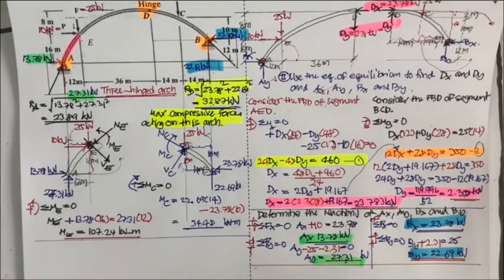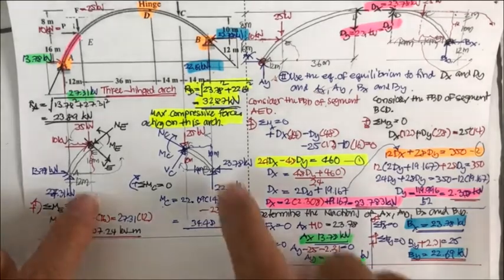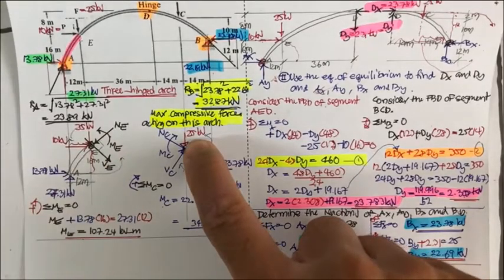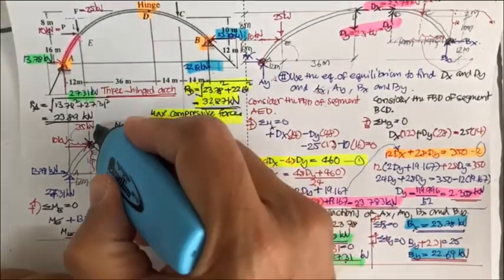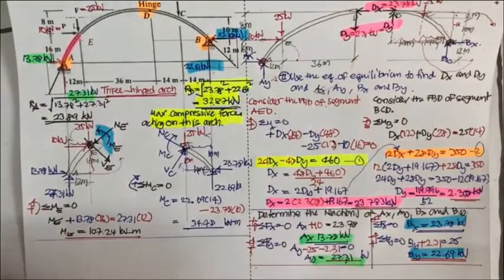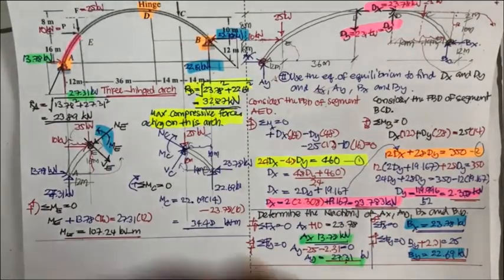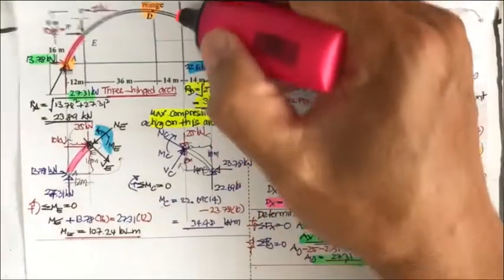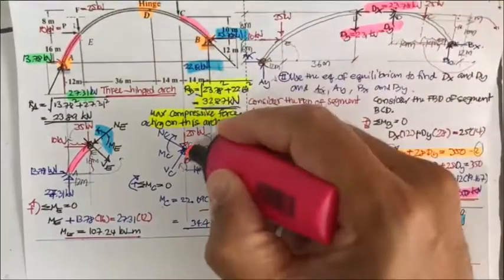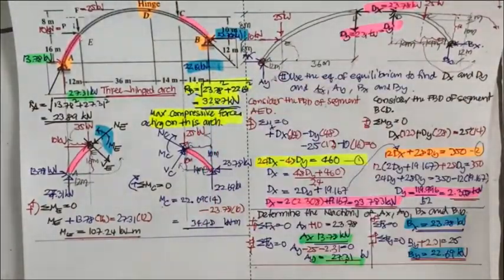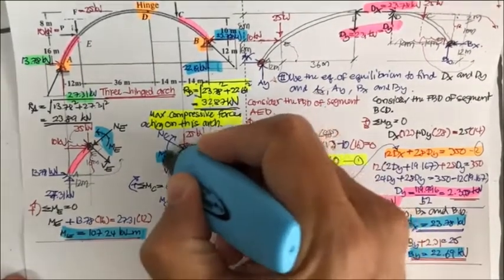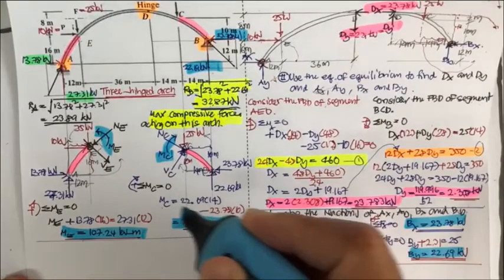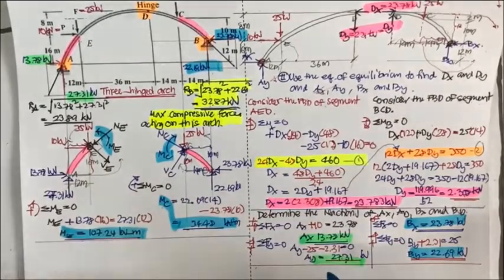Okay, and we also can find the moment that occurs in this portion. This portion is the pink portion, let's say. Okay, and also this one, and we also can determine the moment for m sub c, and it's going to be this.